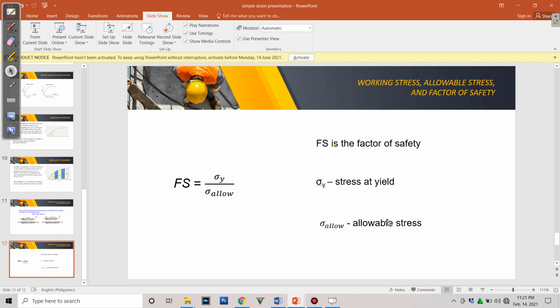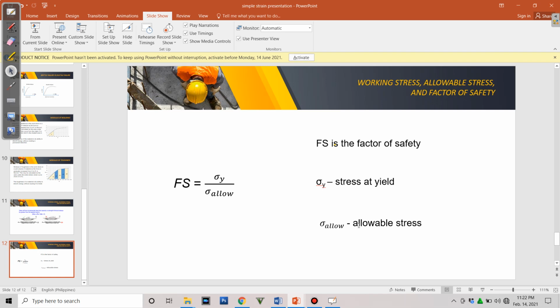And as we can see here, the relationship between a factor of safety, the stress at yield, and the allowable stress. So let me first define the working stress. It is defined as the actual stress of a material under a given loading. The maximum safe stress that a material can carry is termed as the allowable stress.